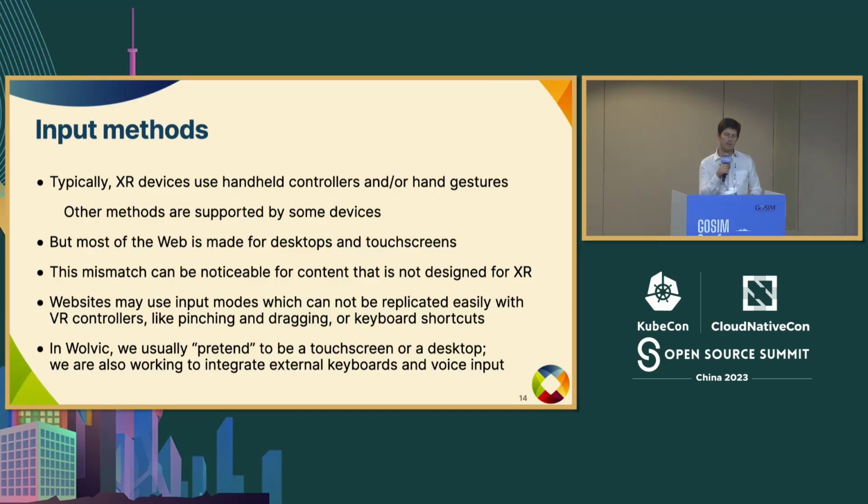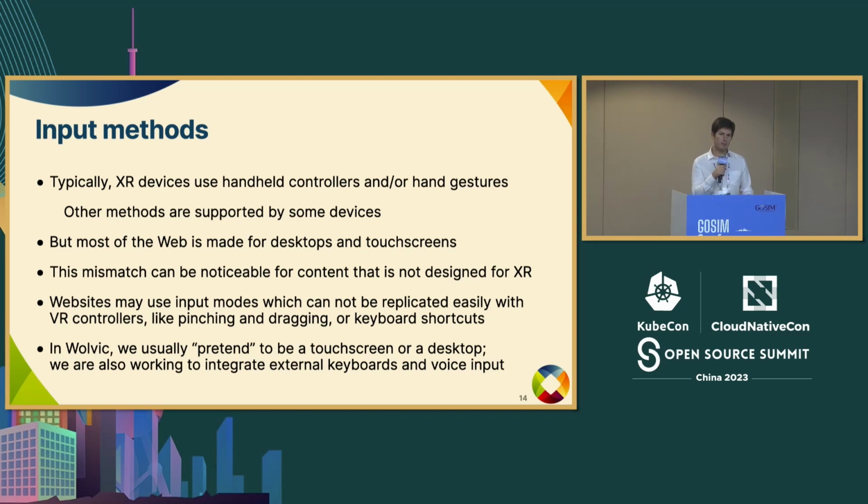A big difference between the traditional web and extended reality devices is in the input methods. Typically, extended reality devices use controllers, they use hand gestures, and other methods are supported by some devices. But most of the web has actually been made with desktop computers and with smartphones and touchscreens in mind.